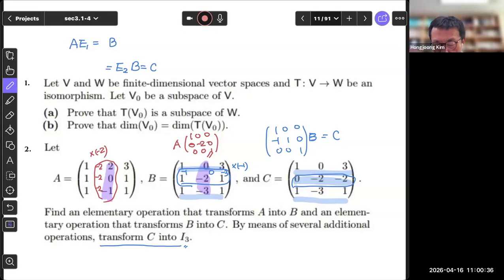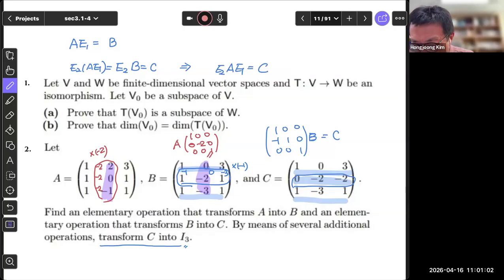And B is A times E1. So given A, when I multiply some elementary matrices, you obtain the C matrix.